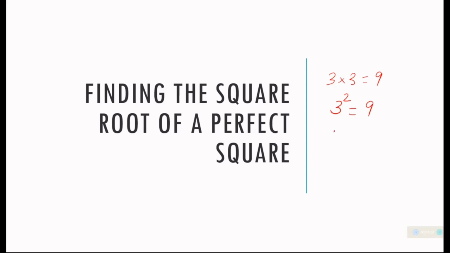That means the square root of 9, this is the symbol of square root, is equal to 3. What does it mean? If 3 is squared you will get 9. This is the concept of square root. Perfect square: 9 is a perfect square, so the square root of 9 is equal to 3.